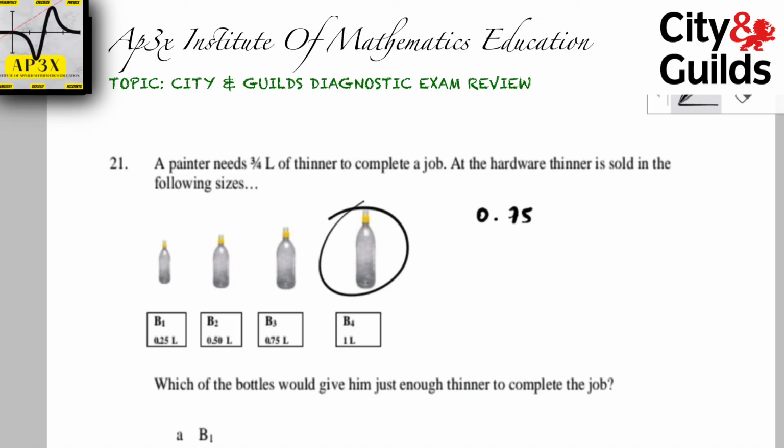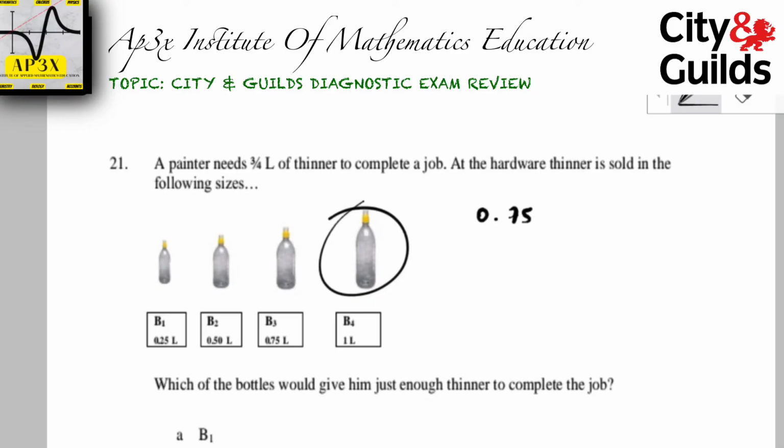Normally, if you're gonna do a job, you don't want to have the exact amount, because what if some spills? It's tricky. I think the answer is really bottle 3, because bottle 3 is the exact amount.